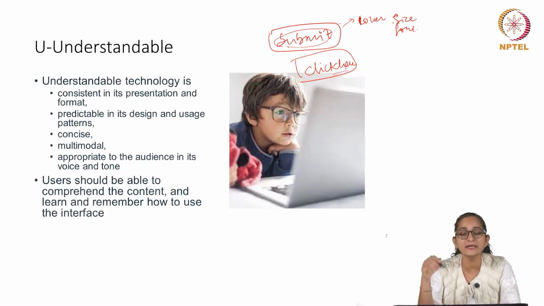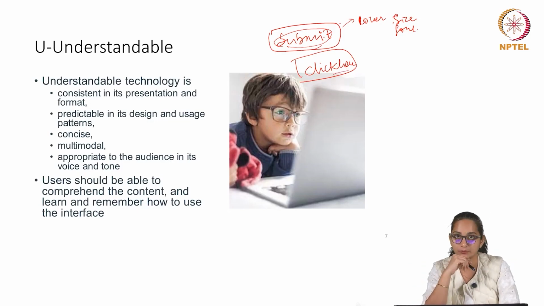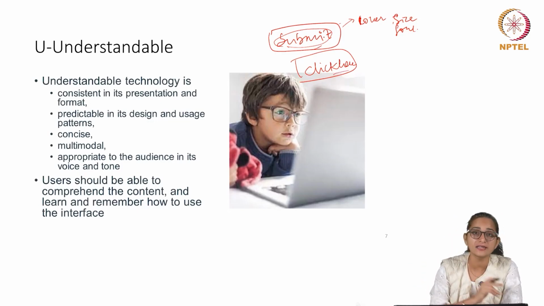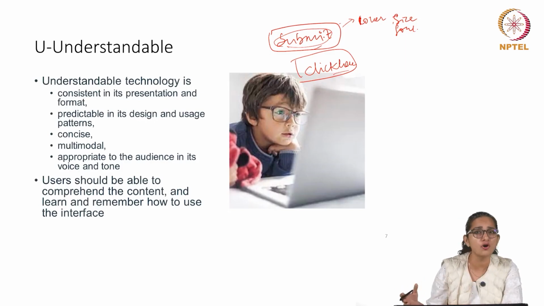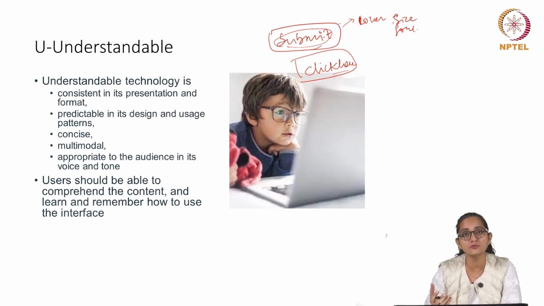But if you just say click here and not the word submit, for example, then it is not catering to the understandability part. So, the cohesiveness or the consistency of your interface with the rest of the context is very important. So, appropriate tone, choice of words, appropriate copywriting, appropriate workflows. If it is too long, too many steps, if I am not getting appropriate feedback at every step, then it becomes non-cohesive and non-understandable to a lot of audience.